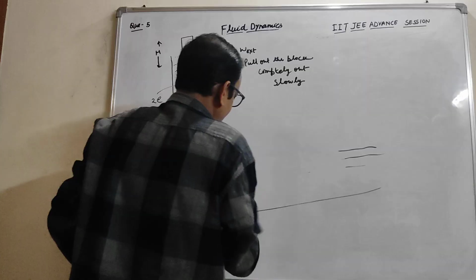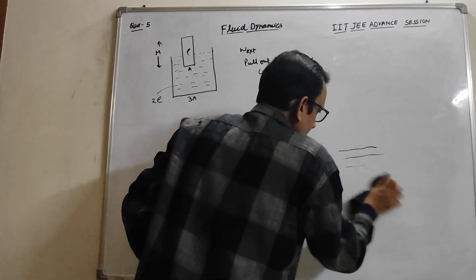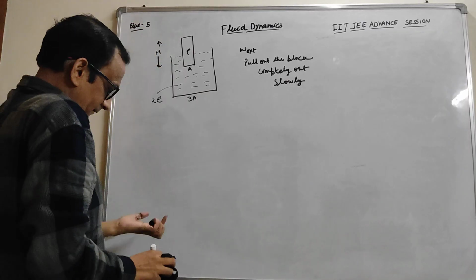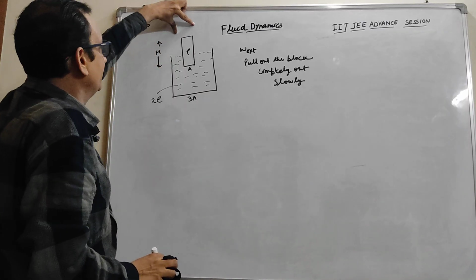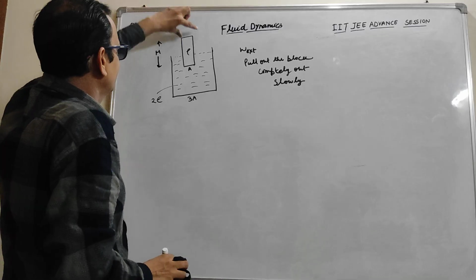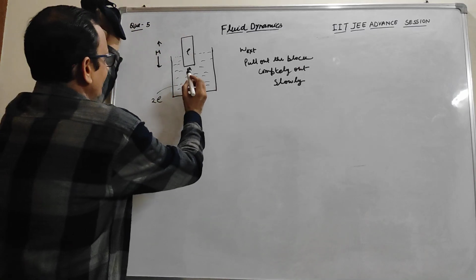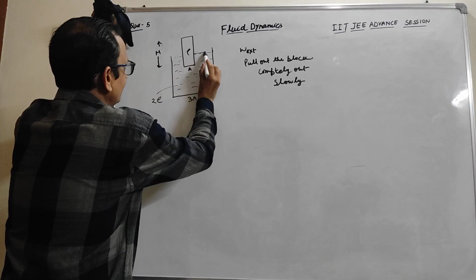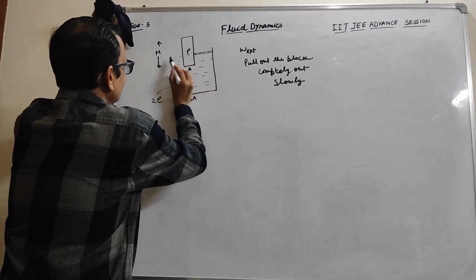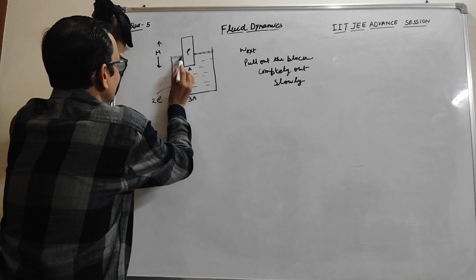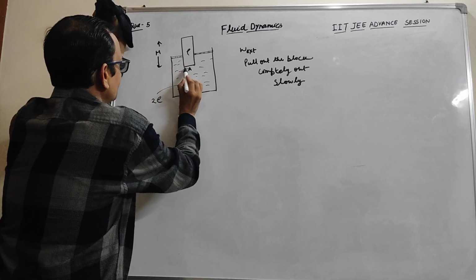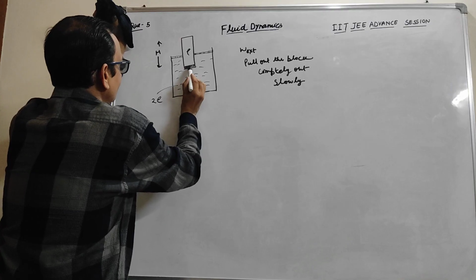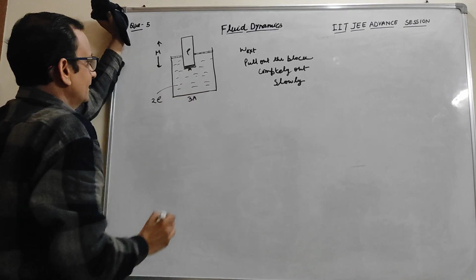What I am saying to you, understand here: when this block is pulled out very slowly, the water level goes down, and this gap would be filled with water.